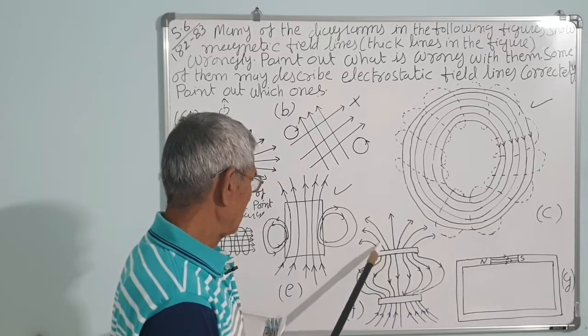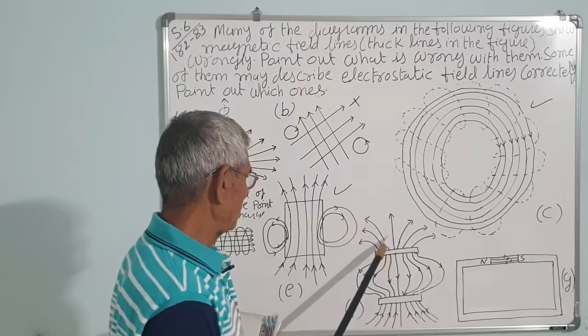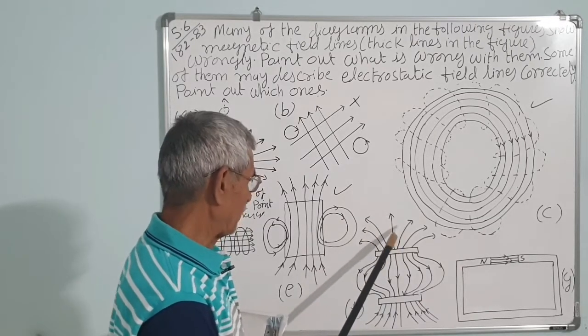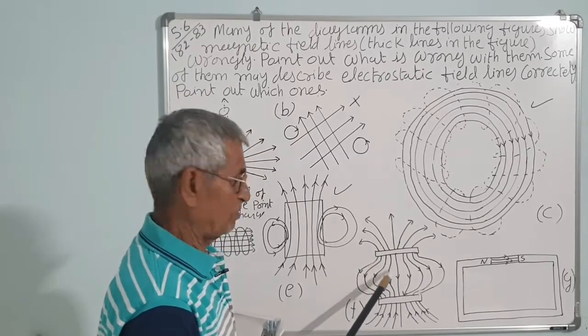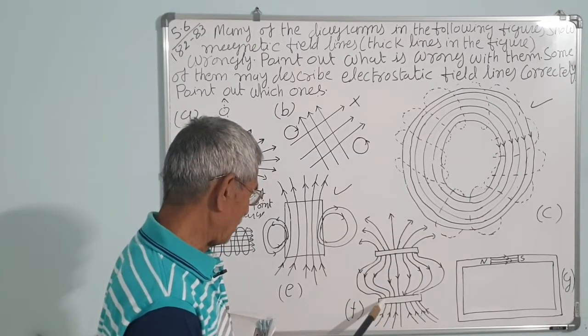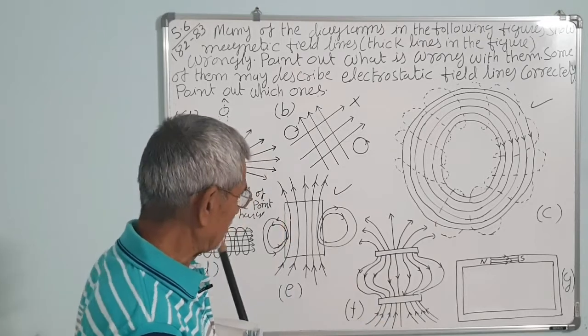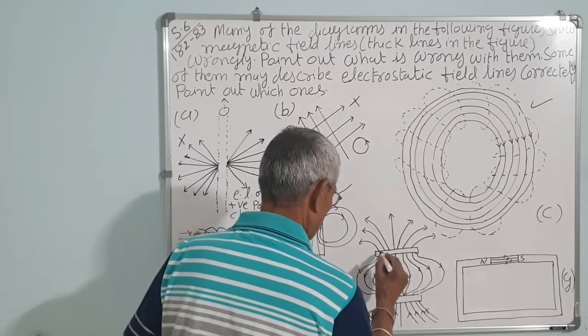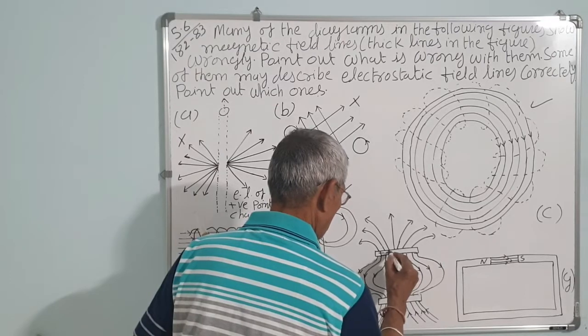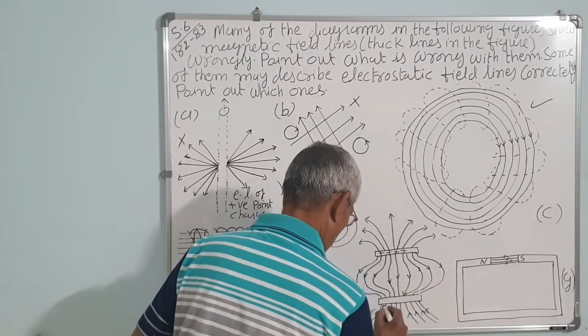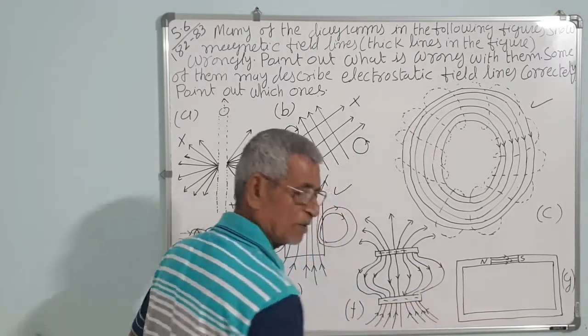They emanate out of the plate, here also, both ways, and they are converging to the other plate. So this acts as a positive plate, and this acts as a negatively charged plate.